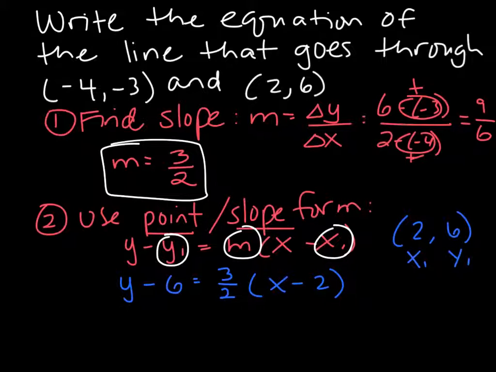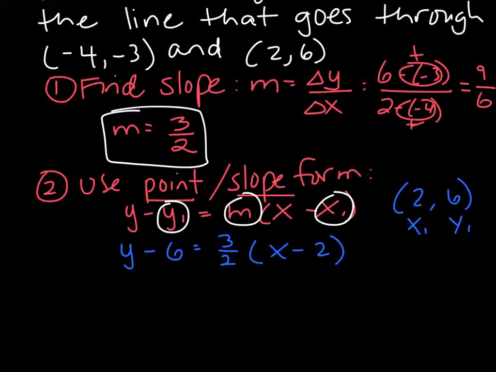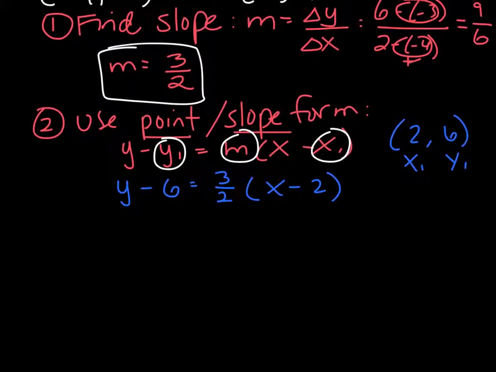So essentially that is my equation. It just needs to be cleaned up a little bit. So let me just pull this up a little bit so we've got some room. Let's work on it. I'm going to distribute. So y minus 6 equals 3/2 x. Don't let this 3/2 scare you, because watch what happens when I bring it over to here.